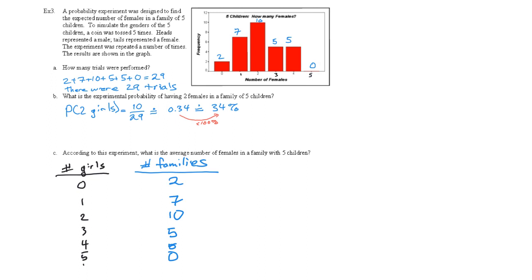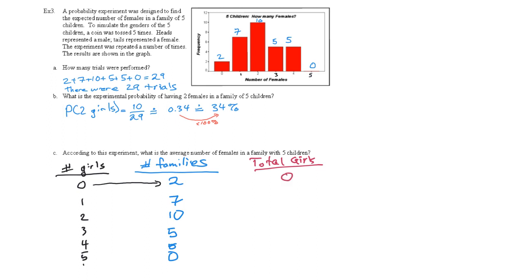All right, so basically, you have 0 girls for 2 families, right? How many total girls do I have over here? The total girls is equal to 2 times 0, so 0.